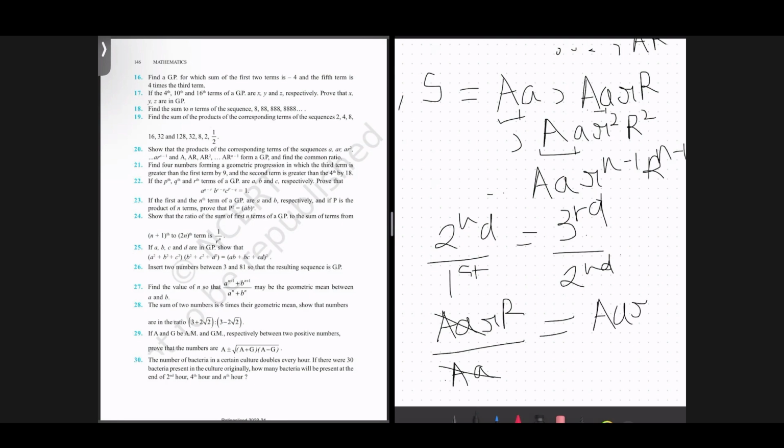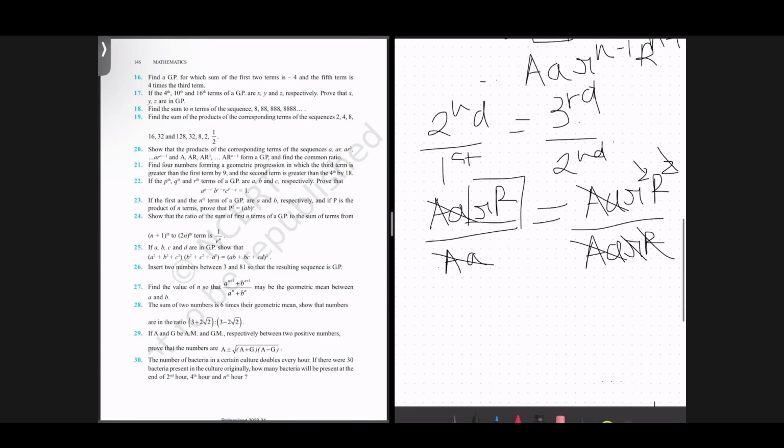Third term divided by second term is going to be A r square R square, and the second term is A r R, right? A and A get cancelled, this gets cancelled one time, and similarly on the RHS also you have r R. So small r capital R is equating in both the LHS and RHS, and that is going to be your common ratio.